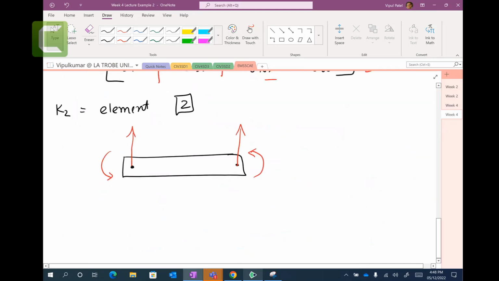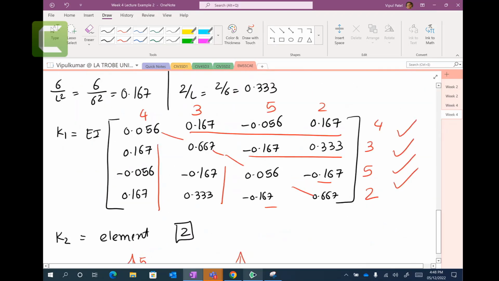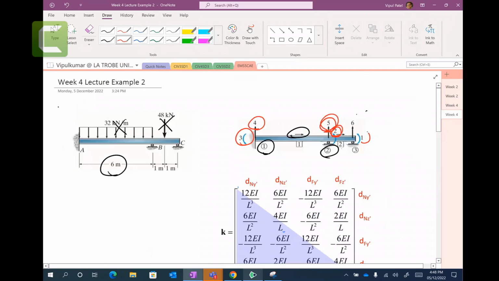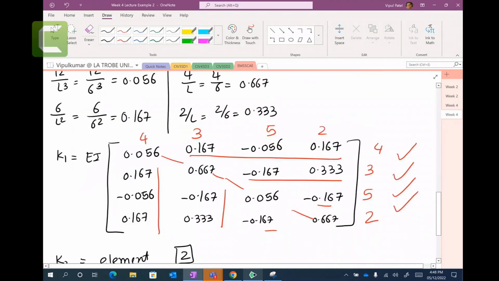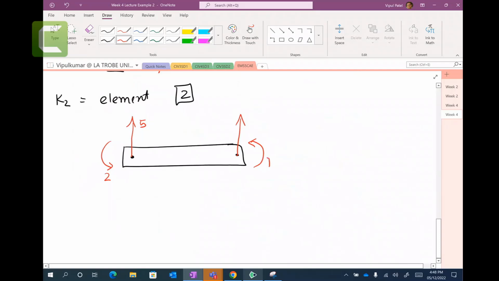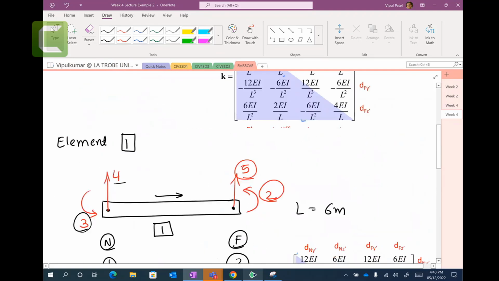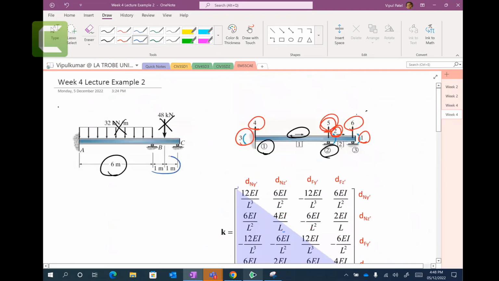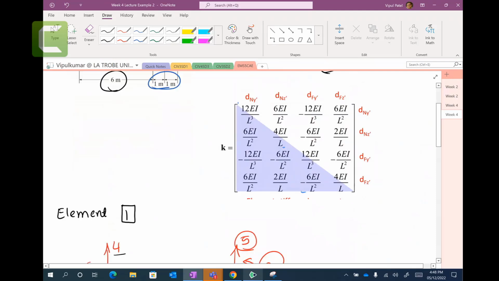So here you got 2, here you got 5. Here you got 1, and here you got 6. Length equal to 2 meters. Yep, 2 meters. 1 plus 1 is 2 meters.